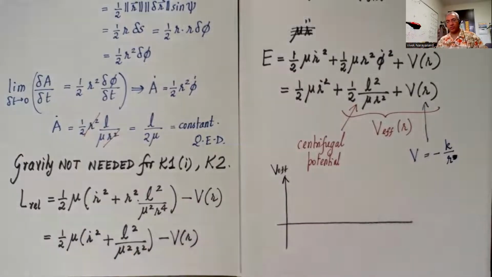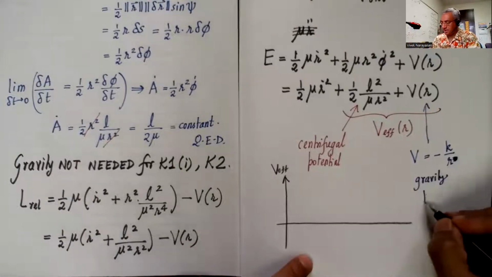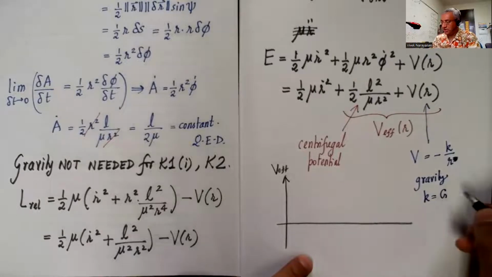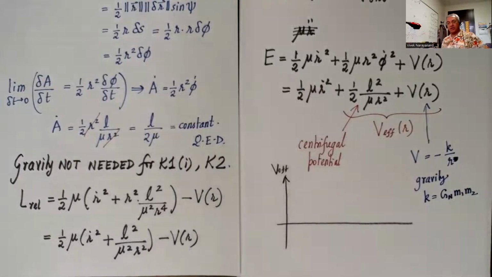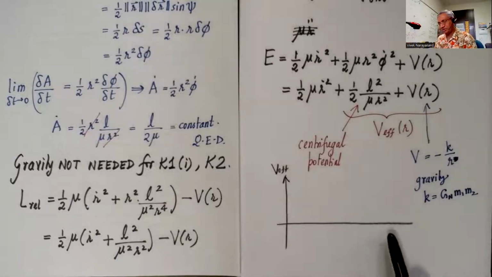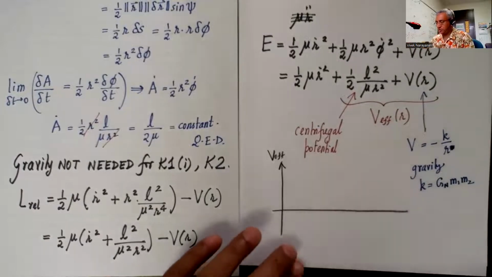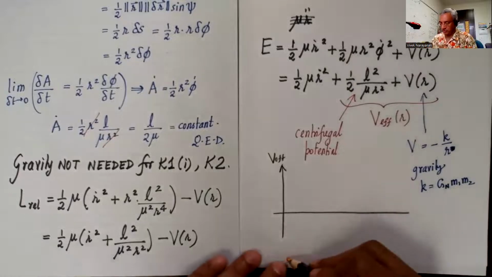K over r squared is the force. K over r is the potential. So that's the potential for gravity, where K is G Newton M1 M2. Now, because of that, I know that at large positive values, that's going to go to 0 from below. For small values, it's going to go like this. So if I were to plot just the 1 over r, it would do this.